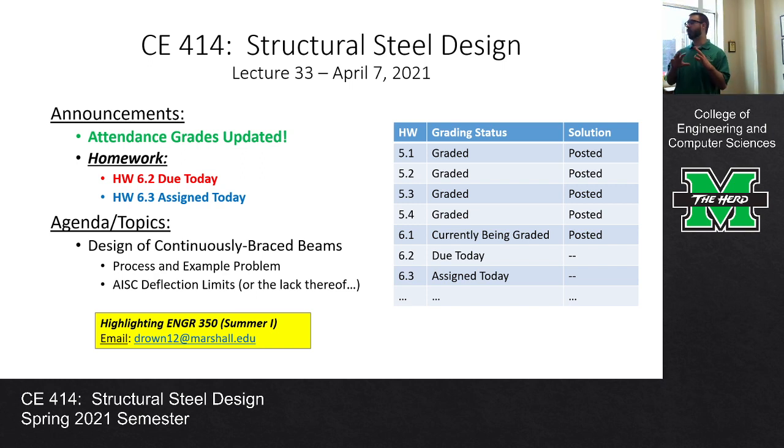One of the more challenging aspects of discretely braced beams is the computation of a parameter called Cb. Cb is going to be the focus of our next lecture, and it requires some structural analysis. So I just want to make sure that you're comfortable with that.